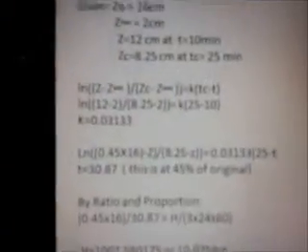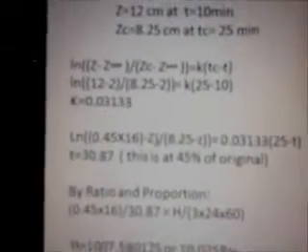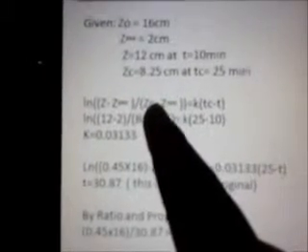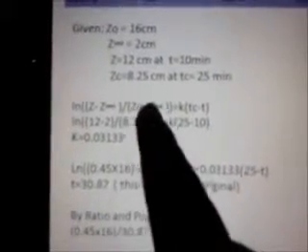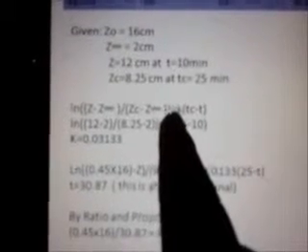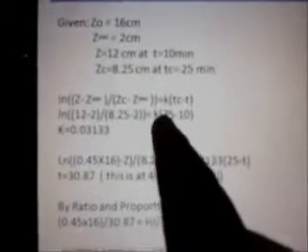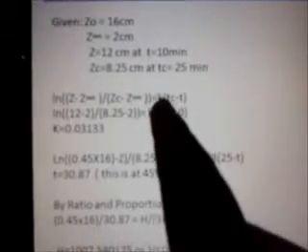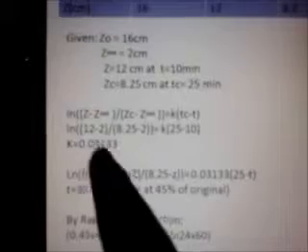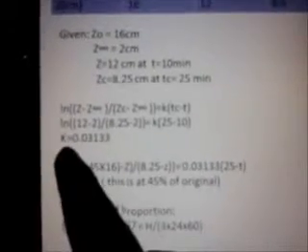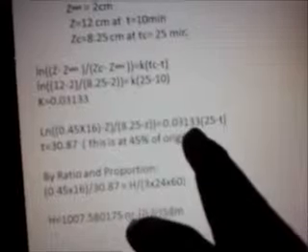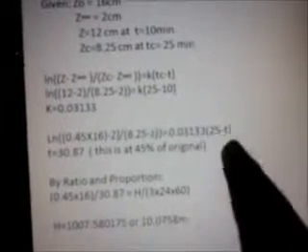So just using the formula, ln of (Z minus Z infinity) all over (Z critical minus Z infinity) is equal to K times (TC, which is the critical time, minus T). So just plug in the values, so we will have the value of K, and then using K in this problem we will now be able to find the value of T.